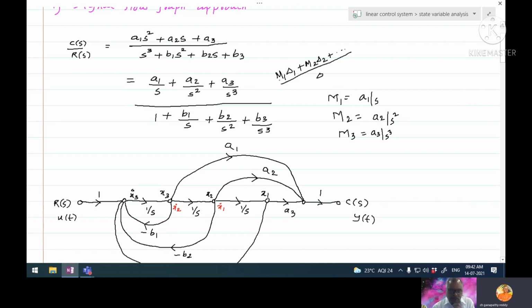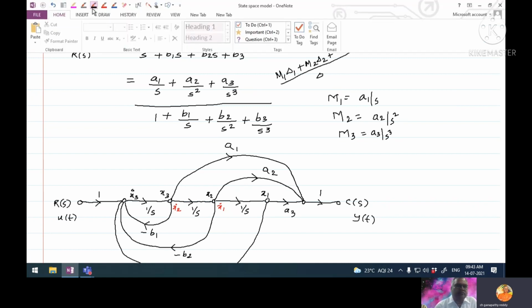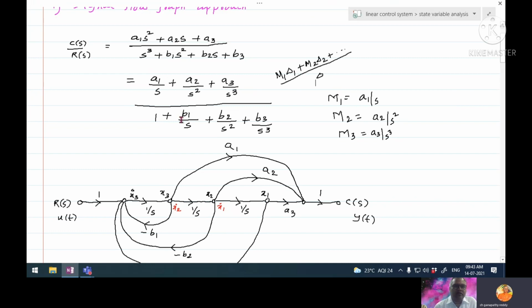What is m1? Gain of the first forward path, m2 gain of the second forward path. Delta is 1 minus sum of individual loop gains plus product of all possible combinations of two non-touching loops and so on. That will not come here anyway.